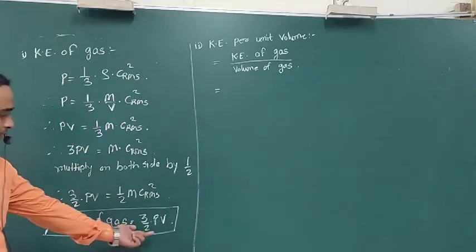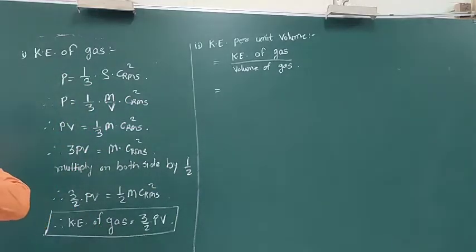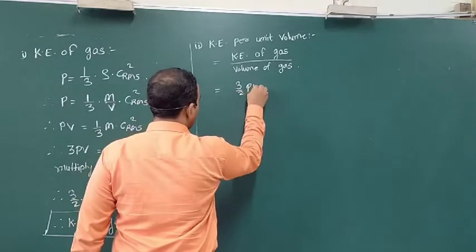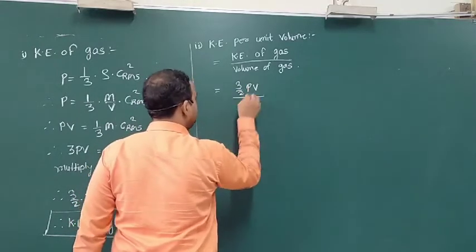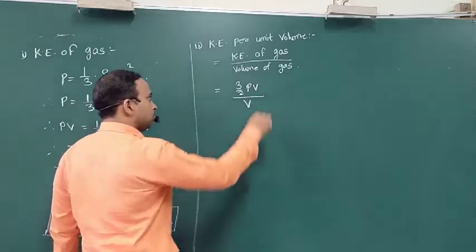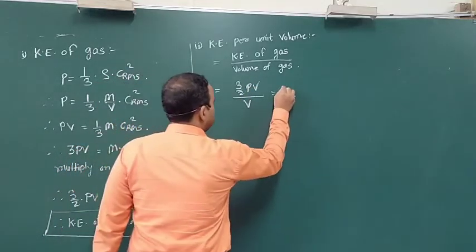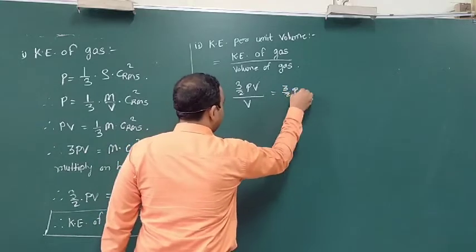Substituting the value of kinetic energy, 3/2 PV, divided by the volume of the gas, V gets cancelled, which is equal to 3/2 P.